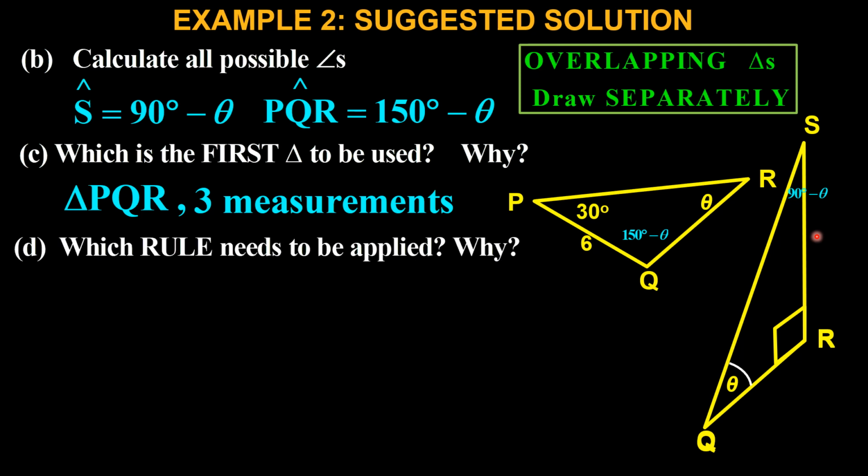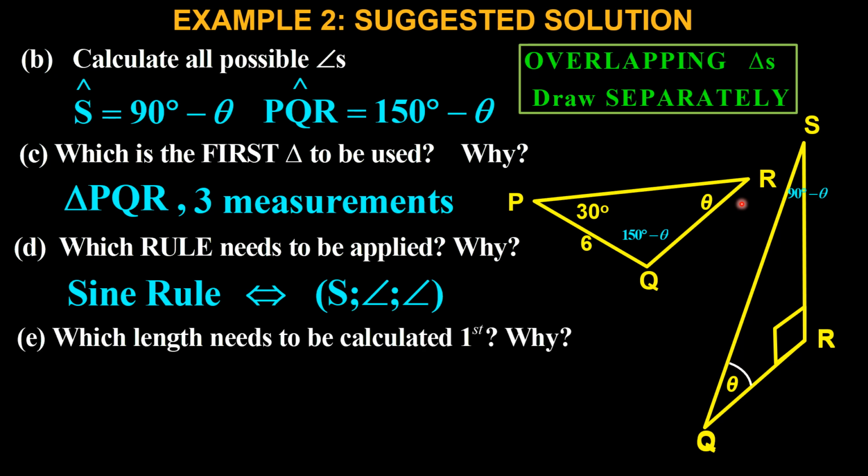Which rule do we need to apply? You can see there I've got angles and sides, so it's a side and two angles. I even have three angles, so that is the sine rule. It's a side and two angles, right? At least two angles. The third angle is just a bonus there. Then which length needs to be calculated? It is a PR and there's a QR. Which one? That's right, we're going to use the QR.